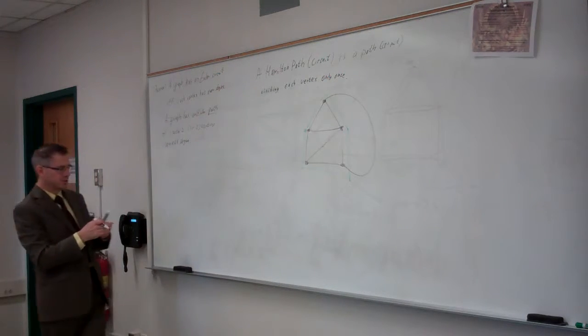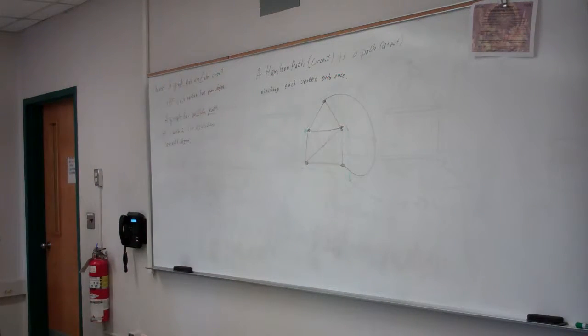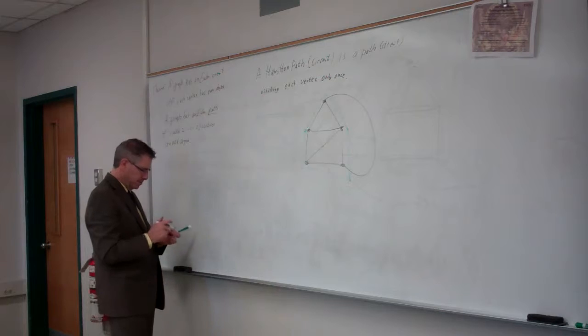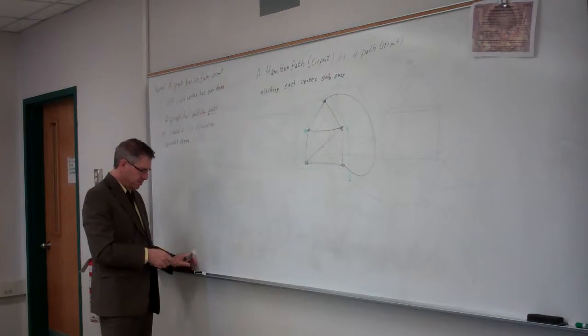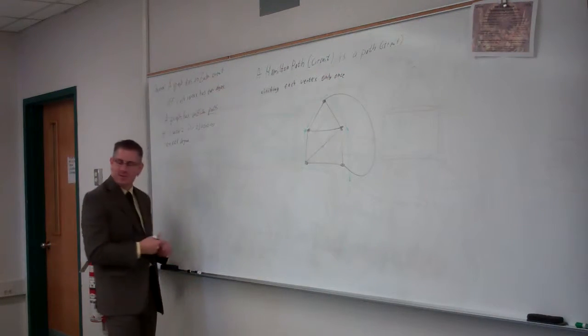But I'm pretty sure there are. It's hard to think these up off the top of your head. I'm pretty sure there are graphs with Euler paths but not Hamilton paths, but I'm not sure. Do I have an example where a Hamilton path is impossible? What do you think? If it is disconnected, you're not going to have an Euler path either.